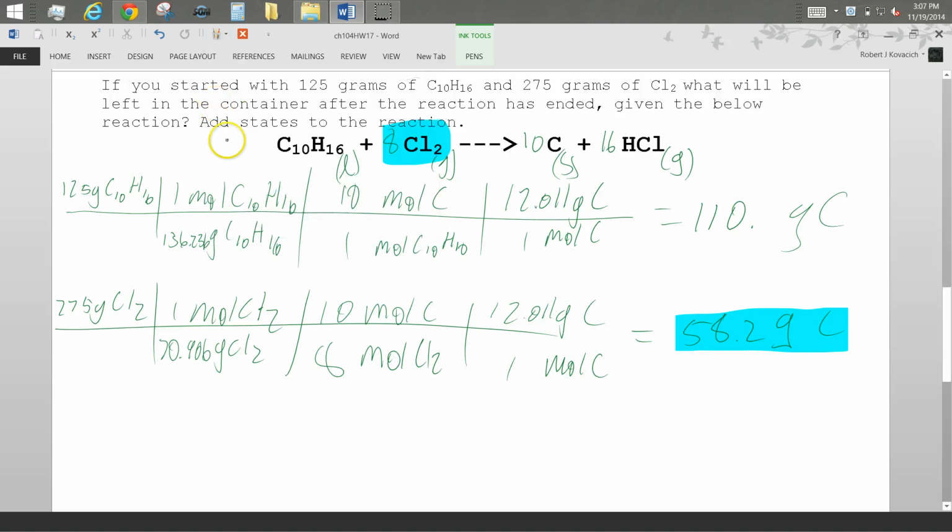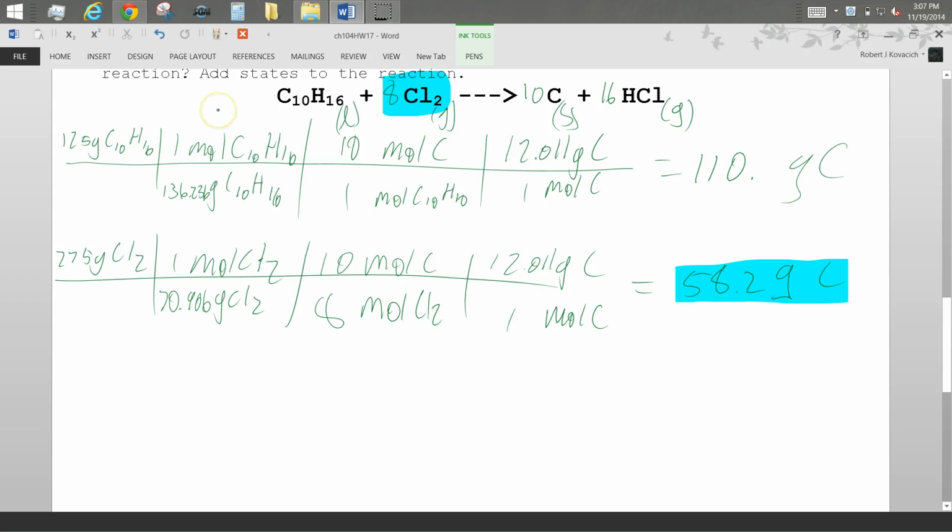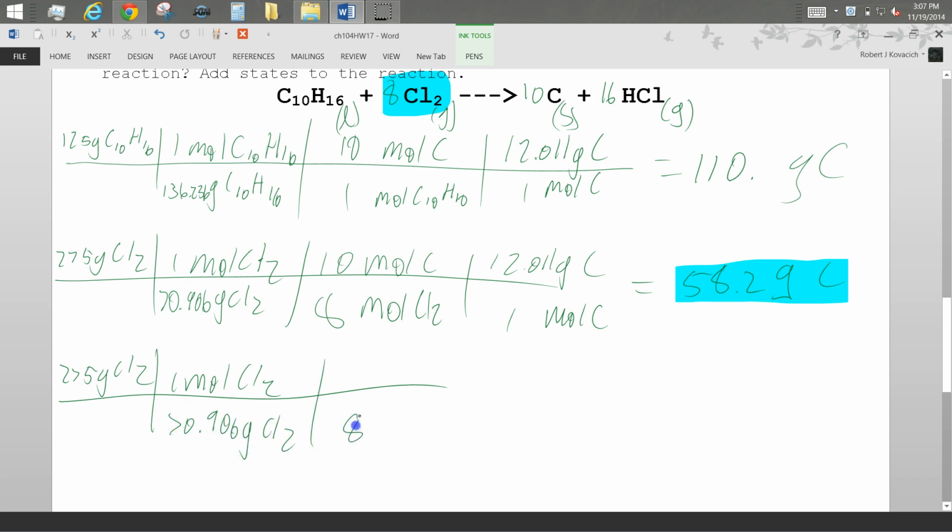So what do I do next? Now you do chlorine and hydrochloric acid. I do chlorine and figure out how much hydrochloric acid I'm going to create from that. So this next calculation is going to look very similar to the previous one. I can just put in my 275 grams, just like I had above, and then my 1 mole, and my 70.906, and then my 8 mole Cl2.